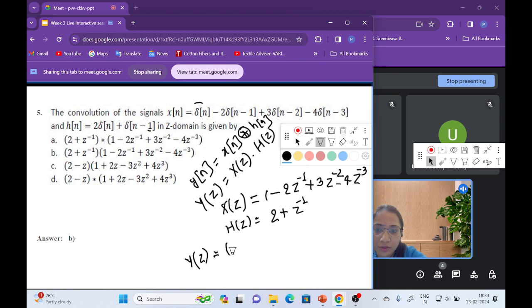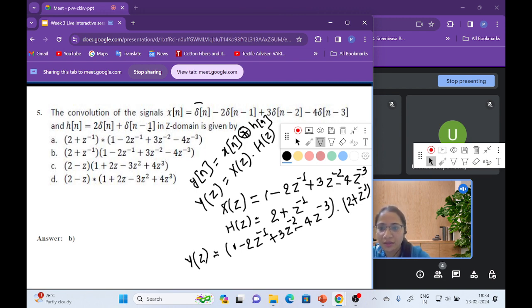Okay. So 1 minus 2 z inverse plus 3 z to the power minus 2 minus 4 z to the power minus 3, multiplication of 2 plus z inverse. So what will be the correct answer?